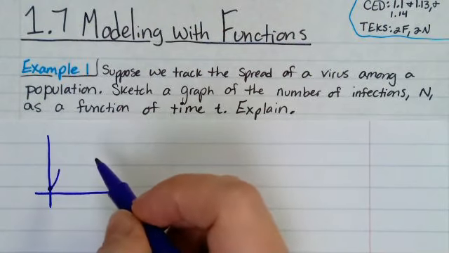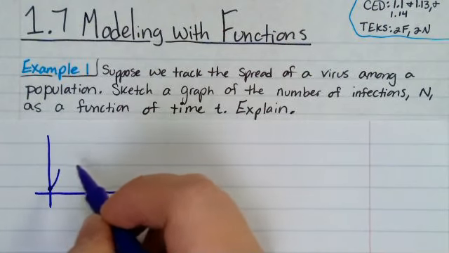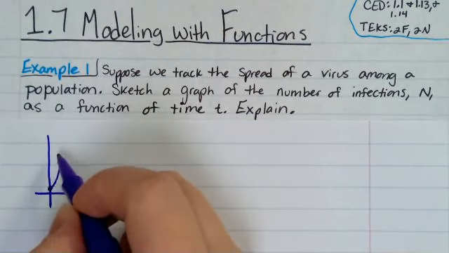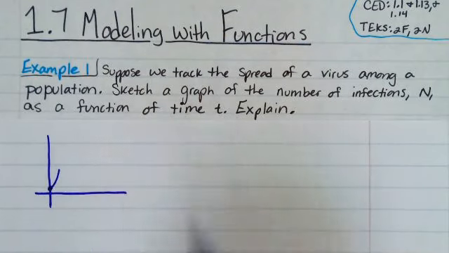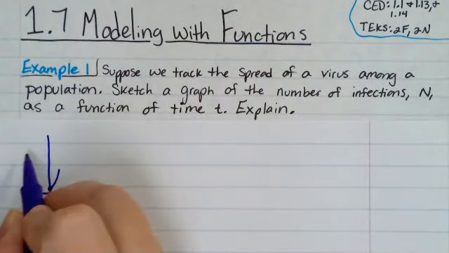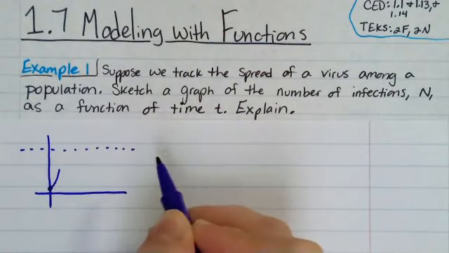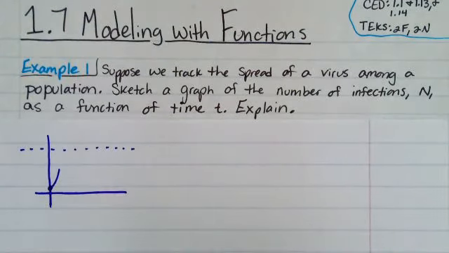However, we need to think about what's actually happening over time. At first, that's the pattern that's going to happen. But we have a cap on our population. We do not have an infinite number of people. I mean, we could argue that the population grows because people continue to have babies and all that jazz.